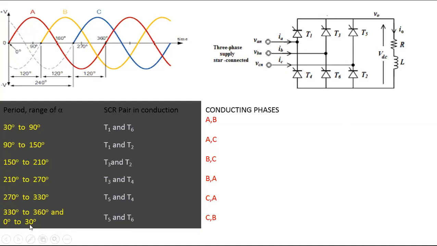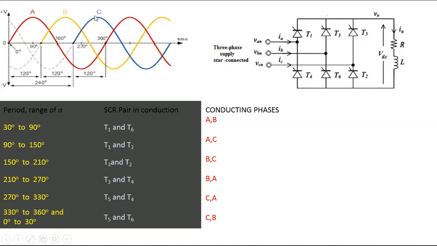Now the last one, it is 330 to 360. After 360 we get 0. That means 60 has to appear. Therefore we have to check now 330 to 390. From 330 to 390, which one is having maximum area covered? C. You can see C is dominating. It is occupying maximum space.